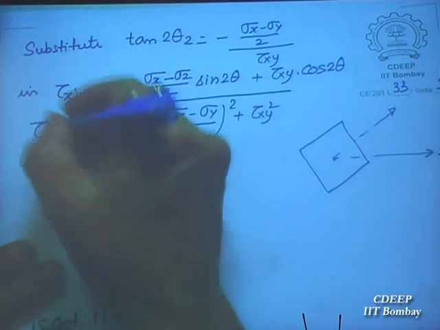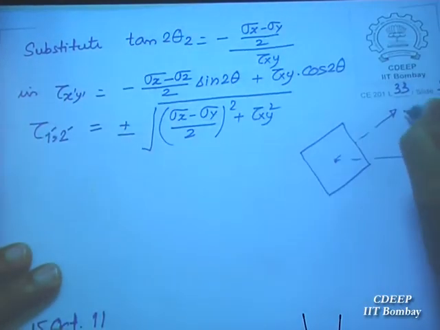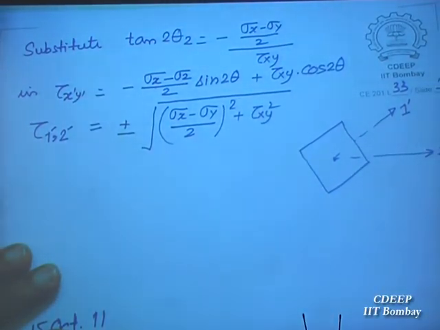Let us call this 1 dash and 2 dash, not 1 and 2, otherwise this will be confusing with the principal direction.